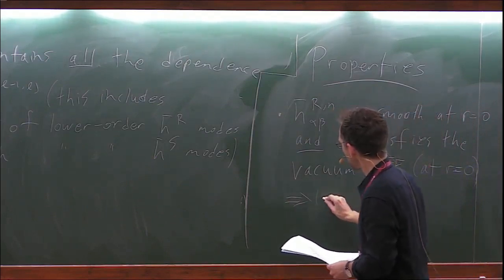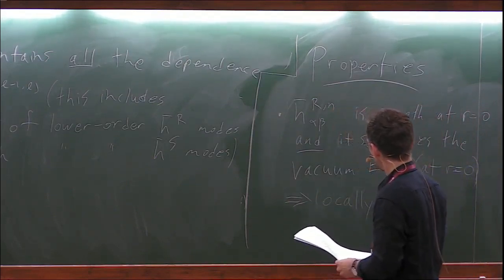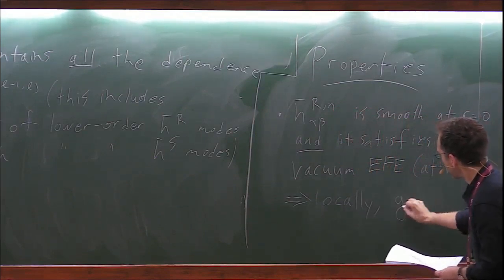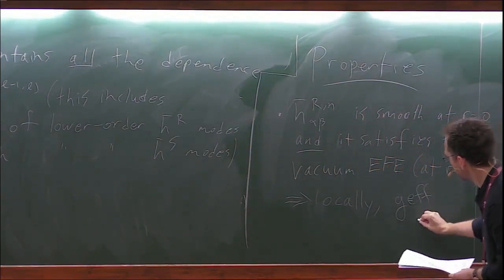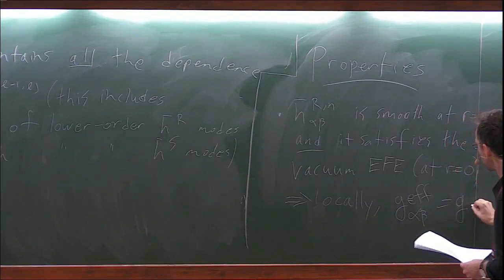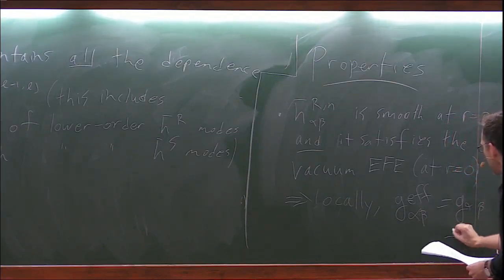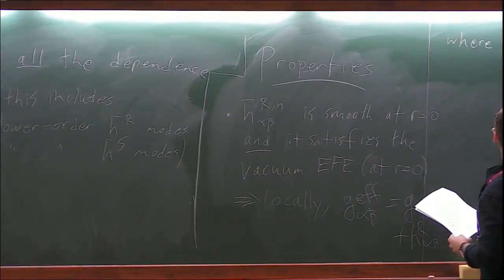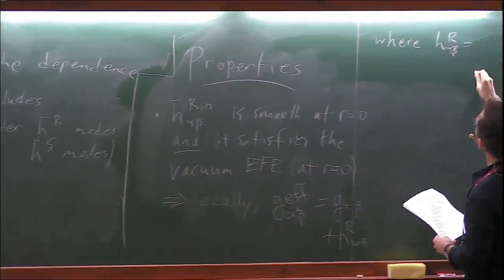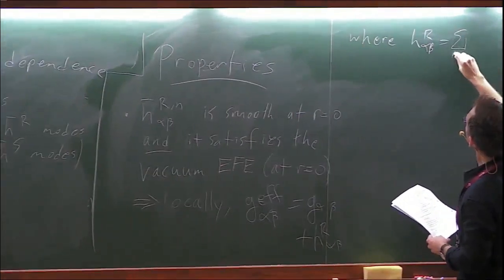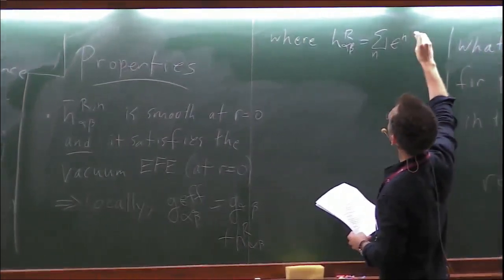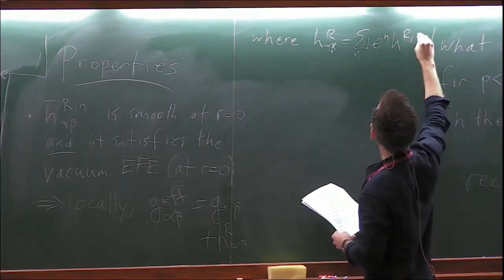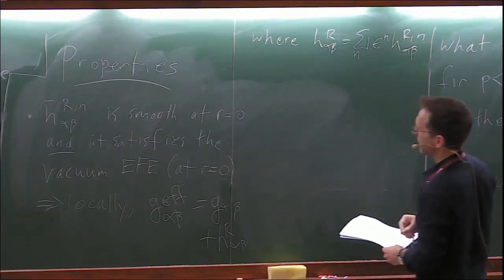So then, locally, we can define an effective metric, which is the external background plus h^R_{αβ}, where h^R_{αβ} is just the sum of all the h^{R n}_{αβ}.